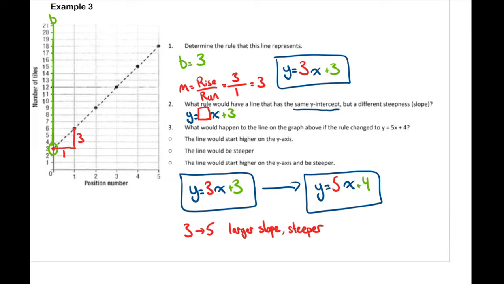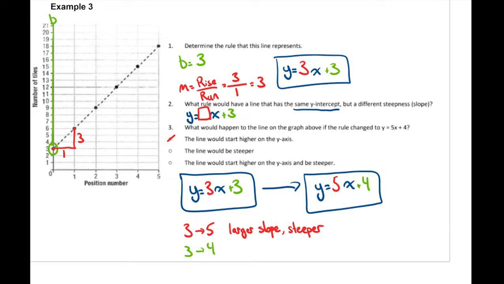So if we look at our options, we have two that have a line that would be steeper. So it has to be either B or C, because it definitely is getting steeper. So we can cross off the first one. Next, we're going to look at our y-intercept. We go from 3 to 4.